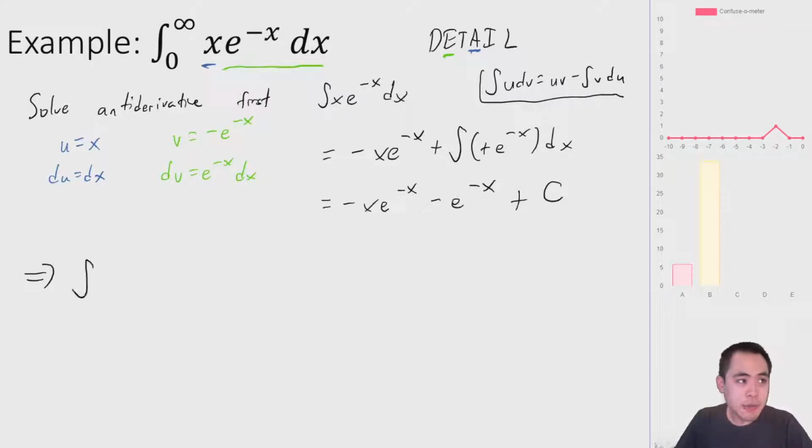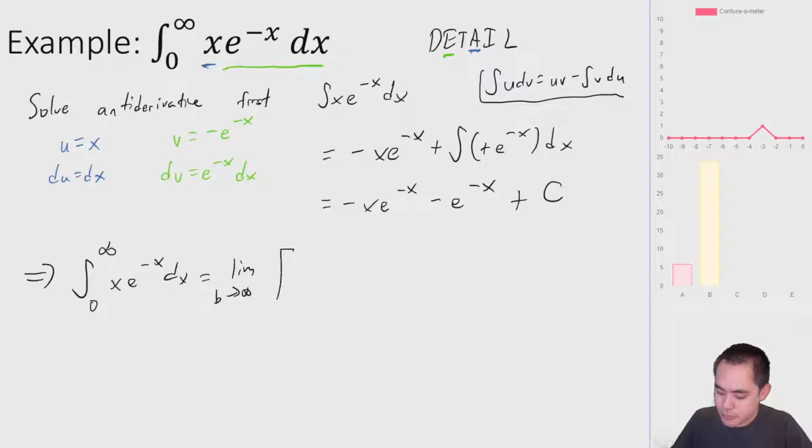So that means that the integral from 0 to infinity of x e to the minus x dx is going to be the limit as b goes to infinity of minus x e to the minus x minus e to the minus x from 0 to b, which is going to be equal to the limit as b goes to infinity. Let's plug it all in.